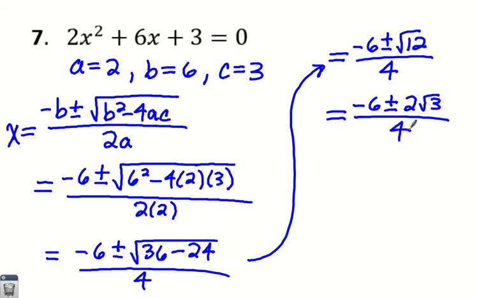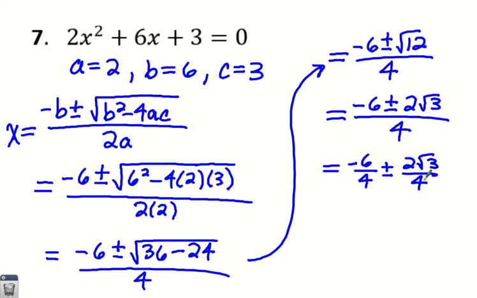And guess what? We're still not done, because this 4 will divide into both of these terms up here, and there will be some canceling. So I'll write out very thoroughly how this breaks up.